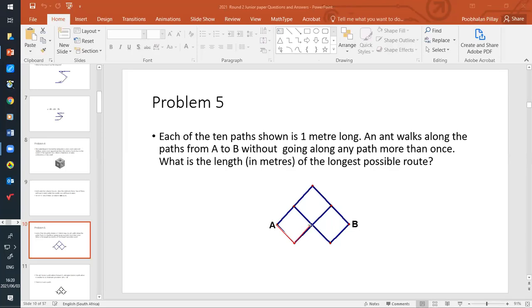Now, if we want to go through as many as possible, let's change direction. Don't go towards B, change direction. Now, when you come here, you've got no choice. You can go back there, but then it means we have to retrace our steps, which you're not allowed to. So we go here, and then now we've got no other choice.